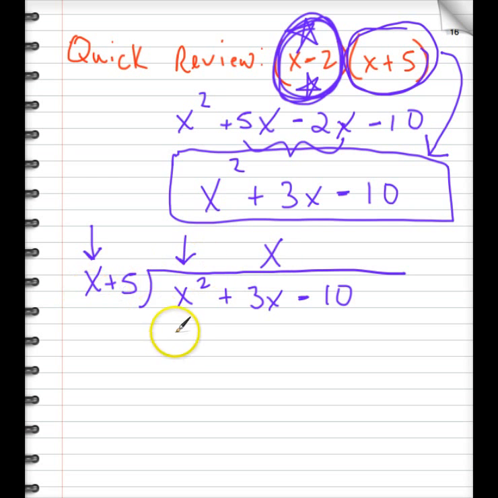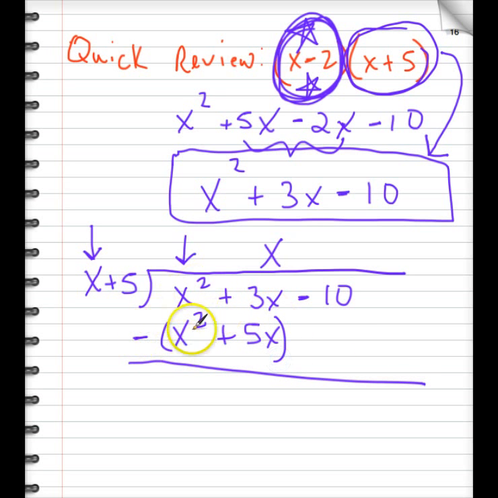X times x is x squared, and x times plus 5 is positive 5x. Just like old school long division, you subtract. X squared minus x squared, gone. That's good. You want those to cancel. 3x, take away bigger 5x, you're into the negatives by 2x. Bring down the minus 10.